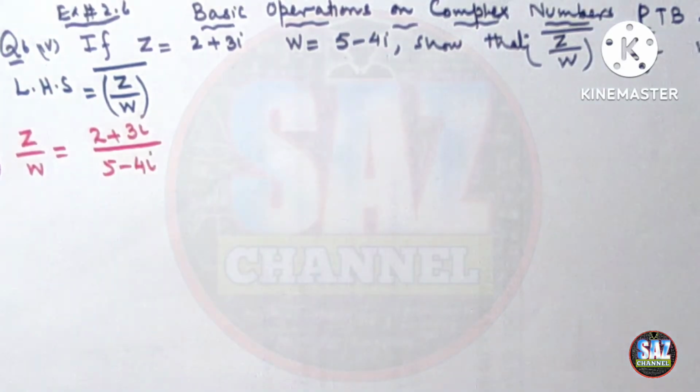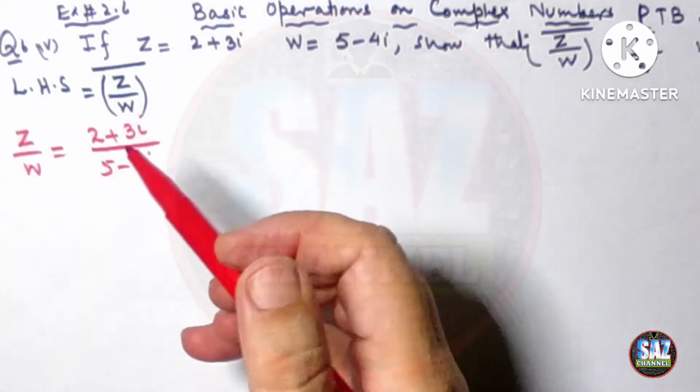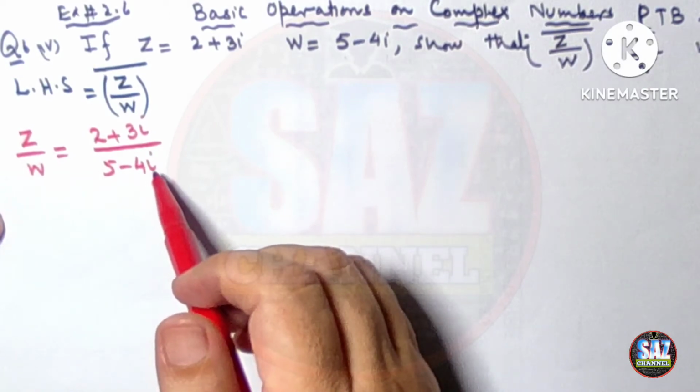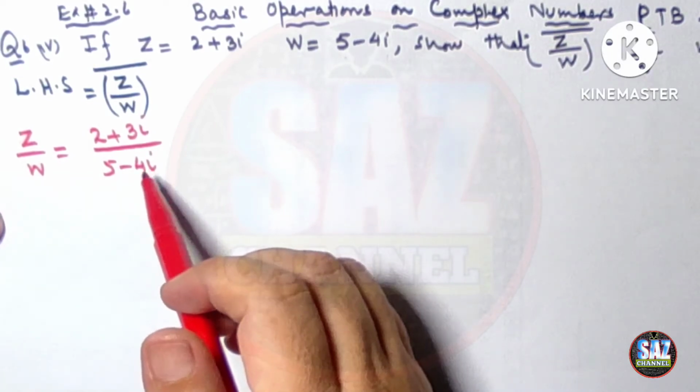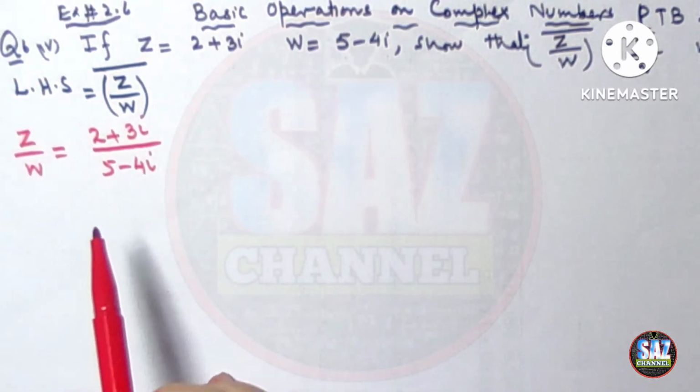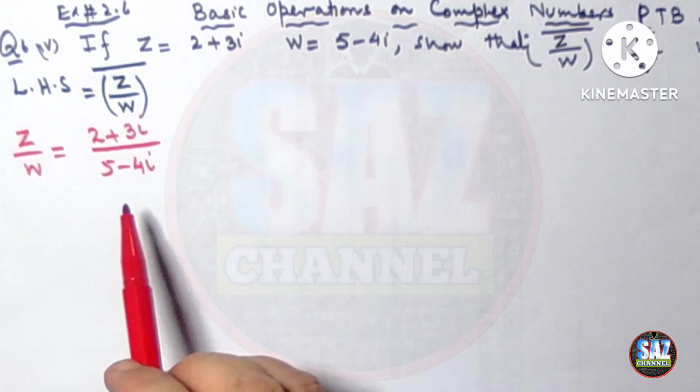The question is having a fraction. So, in order to solve the fraction, what is the rule? We have to make this fraction free from the denominator, and in order to do that, we have to multiply and divide this fraction by the conjugate of the denominator.